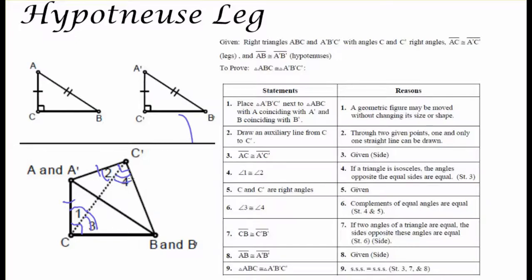Now that I know angles 3 and 4 are congruent, the sides opposite those angles, CB and C prime B prime, have to be congruent as well. Now I have two pairs of sides that are congruent, but remember that these two triangles share the hypotenuses. Therefore, these two triangles end up being congruent due to the theorem of side, side, side.